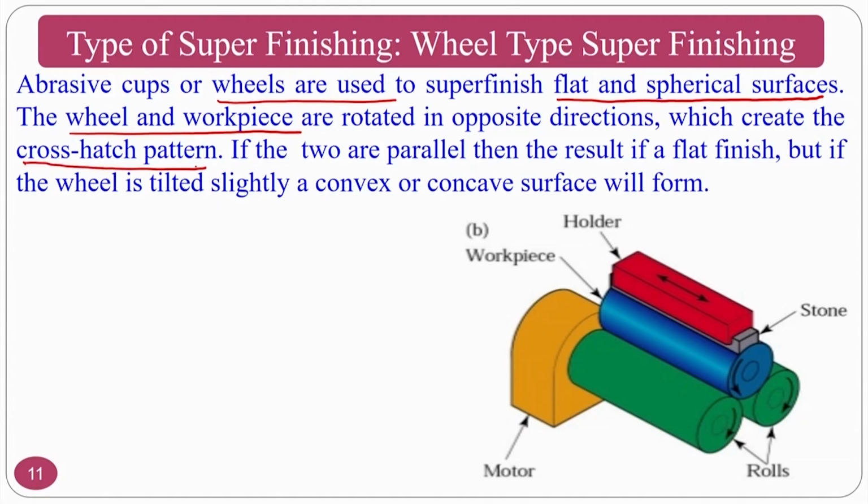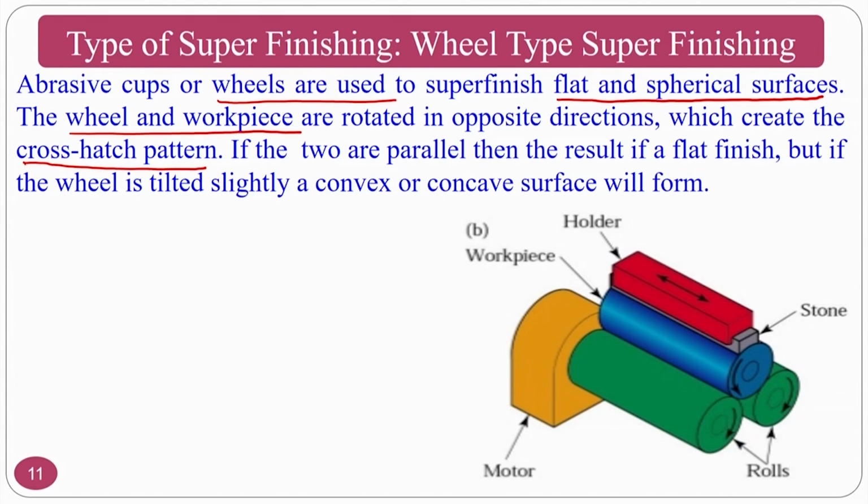Normally, you have seen the crosshatch pattern generated in the honing process, because it goes like this and comes in the opposite direction. Along with the reciprocation, rotary motion is there, but the direction of rotary motion will be opposite when it is coming out. That is why you will get a crosshatch pattern.